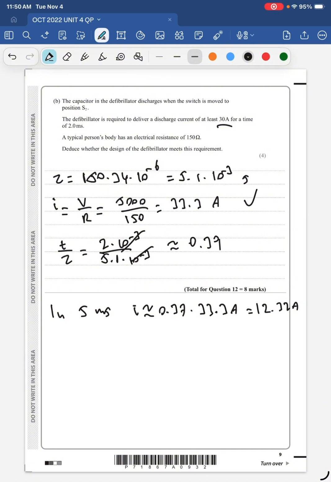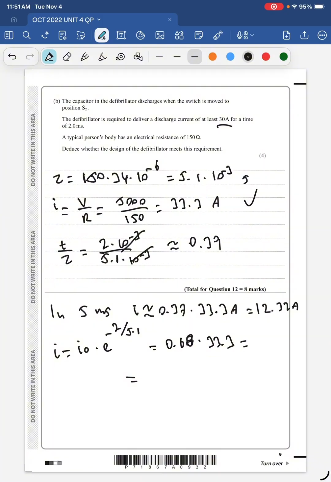But what will be the current in 2 milliseconds? Let's use this formula. I is I naught times e to the minus 2 over 5.1. I actually did this wrong in my notes, so I have to do it again now live with you. e to the minus 2 over 5.1 is 0.675, so let's say 0.68 times 33.3.